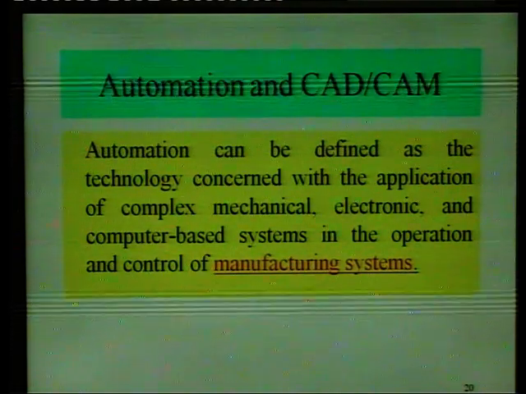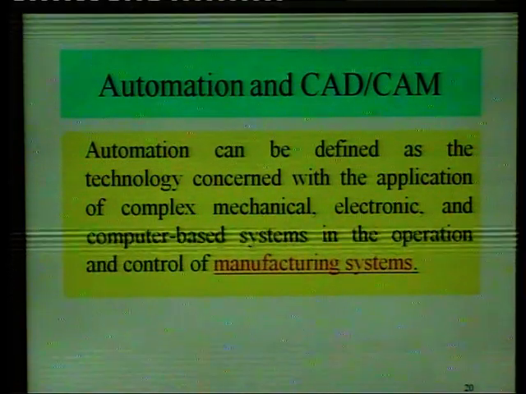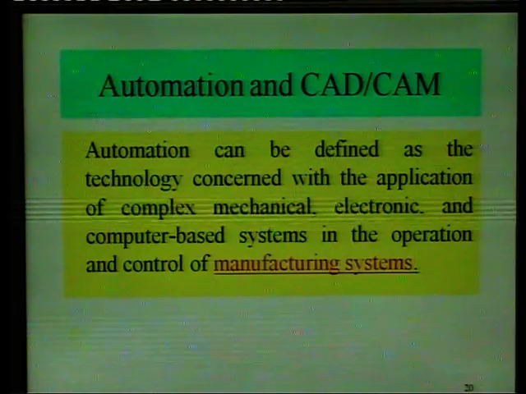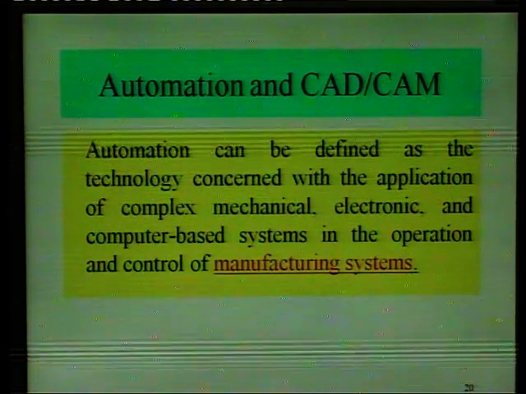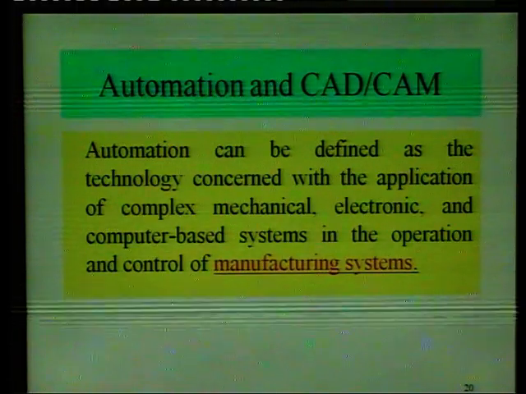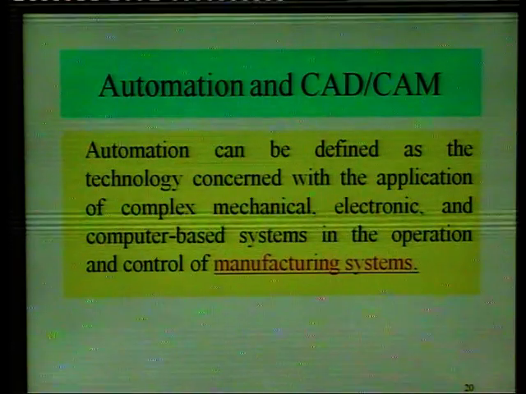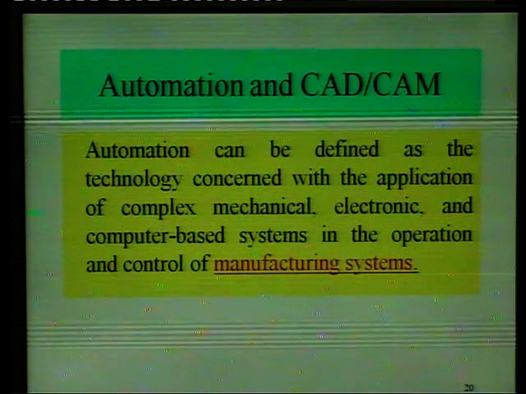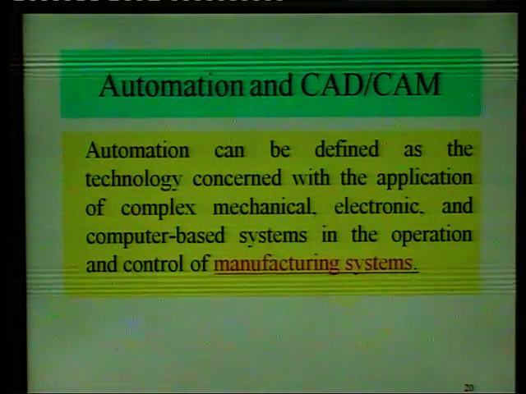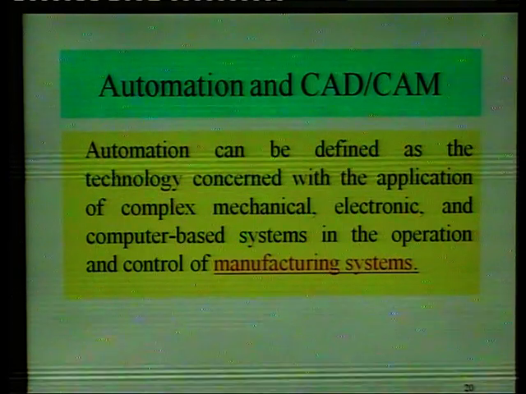In the case of manual machines, the control over the various parameters of the machine is done by the operator of the machine, whereas in the case of an automated machine, the control is carried out by the numerical instructions only. So, this is the major difference.